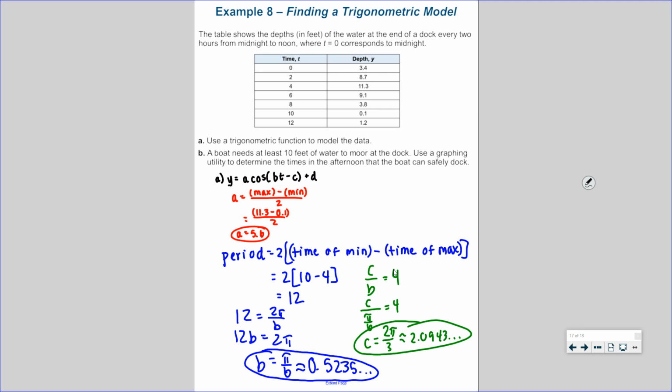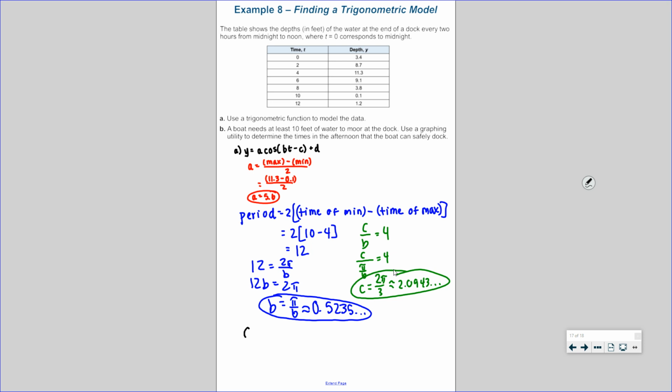Now D, my midline, is half of my max and my min. Now it's a little different than amplitude. In this case, because we're starting at 0.1, we're not starting at 0. When I'm talking about starting, I'm saying my lowest point.